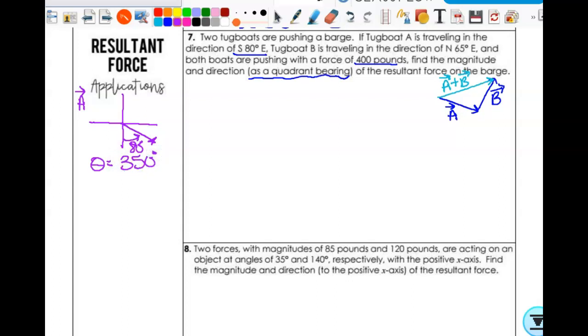We agree with that? Okay, so for tugboat A, we can call it vector A. That is going to be, so we have a force of 400 pounds, and then using the 350, I have 400 times the cosine of 350, and 400 times the sine of 350.